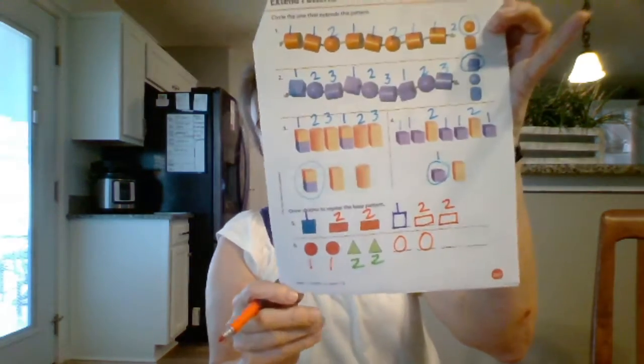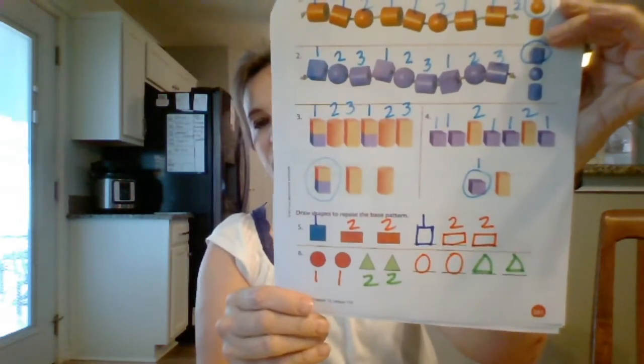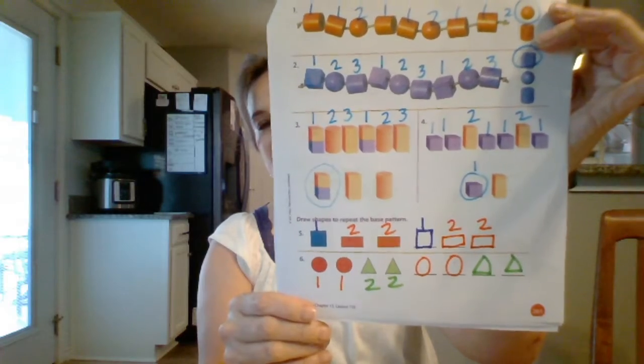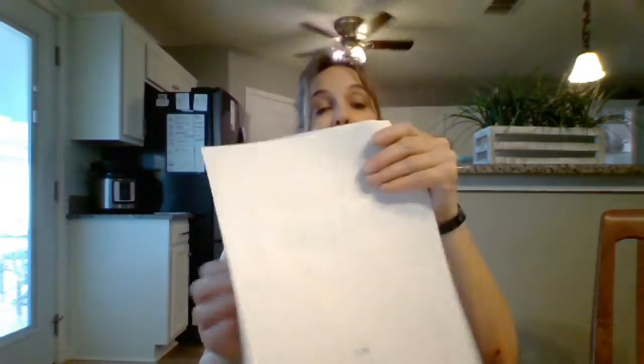So what comes next? 1, 1. And what comes next? 1, 1, 2, 2. Okay. All right, let's see what's on the back. More. Can you do this by yourself?